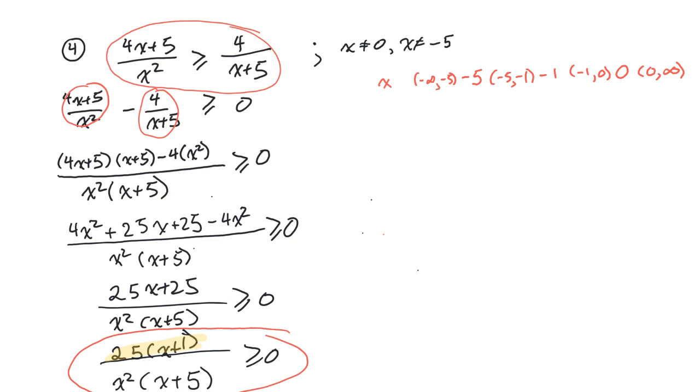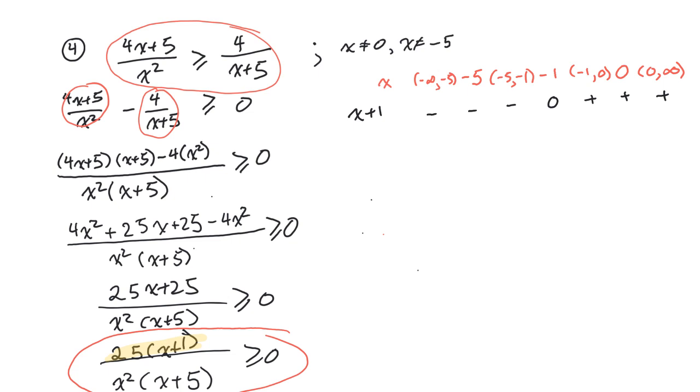So now, when we fill this out, the only thing we really care about is our x plus 1 factor, right? Our x plus 1 factor is 0 at position -1. But then it is positive to the right, but negative to the left.